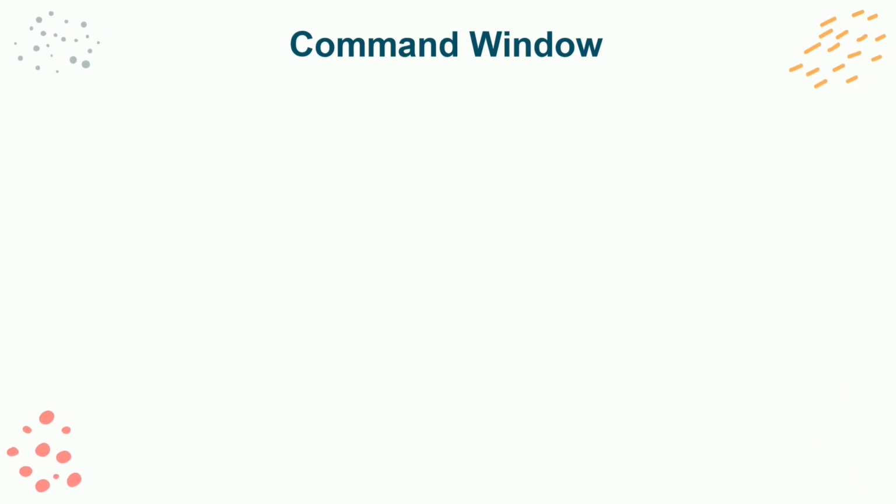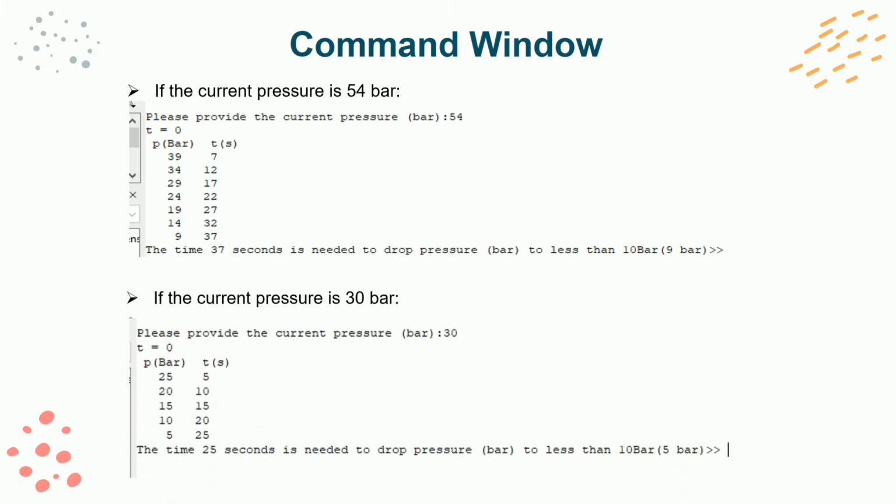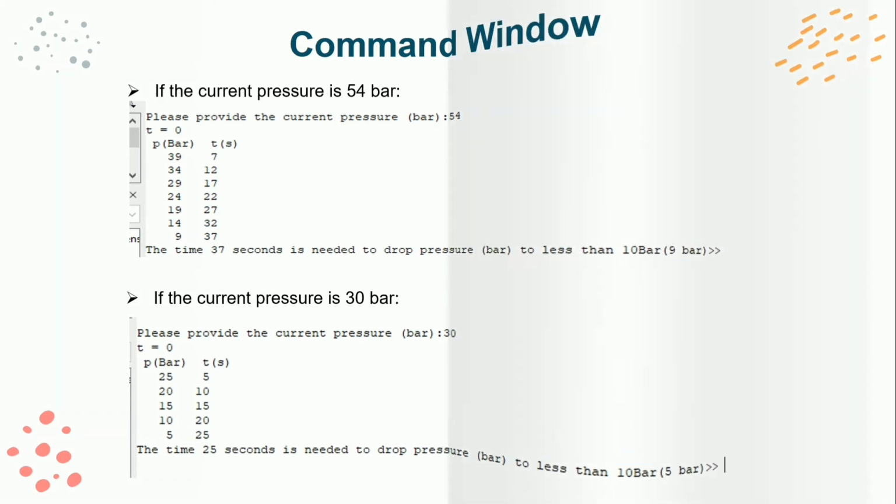In the command window, we need to insert the current pressure bar. For example, if the current pressure is 54 bar, the output is: the time 37 seconds is needed to drop pressure bar to less than 10 bar, 9 bar. If the current pressure is 30 bar, the time 25 seconds is needed to drop pressure bar to less than 10 bar, 5 bar.